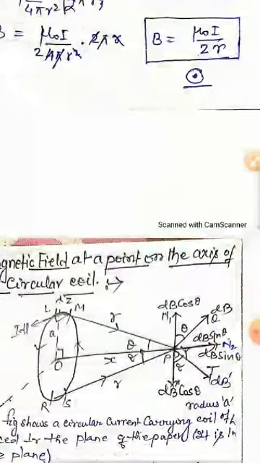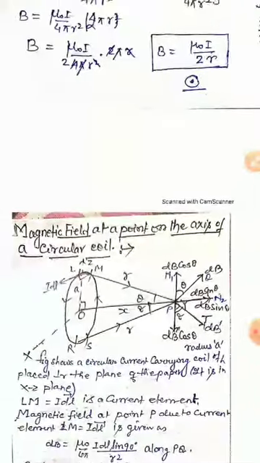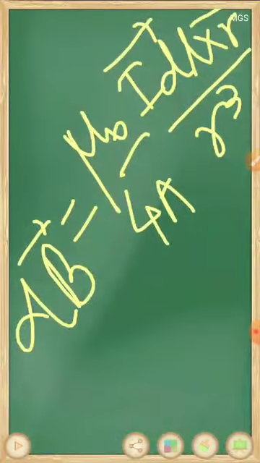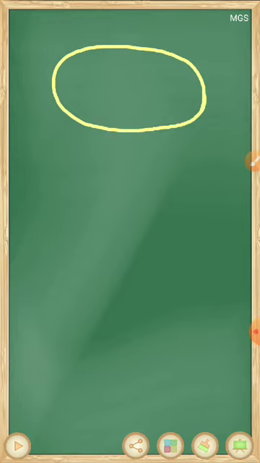Now let us come to the second application. Magnetic field at a point on the axis of a circular coil. Let me explain the situation. This is a circular current carrying conductor. It is carrying current in anti-clockwise direction.